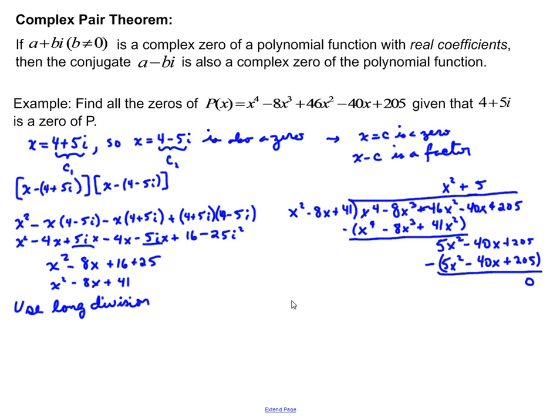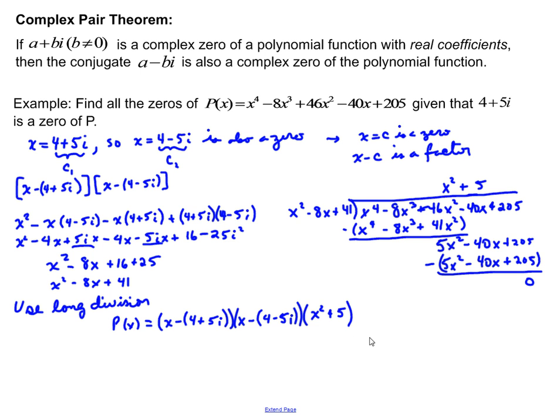So that means P of x now has factors like x minus the quantity 4 plus 5i times x minus the quantity 4 minus 5i times x squared plus 5 with no remainder.